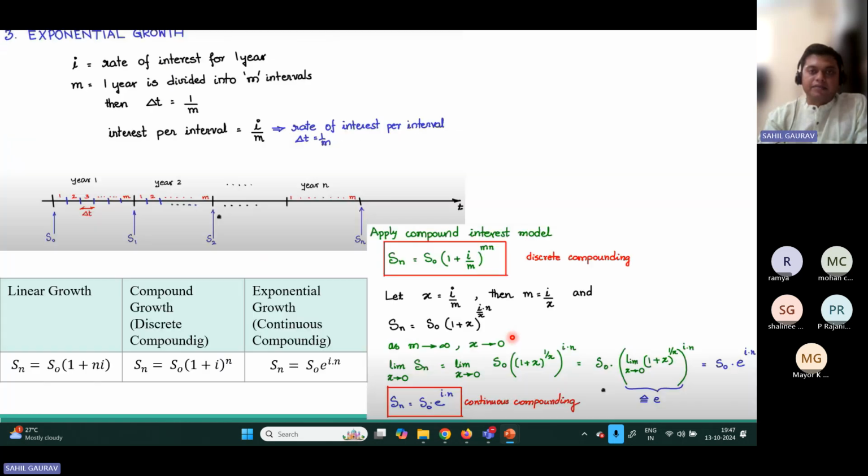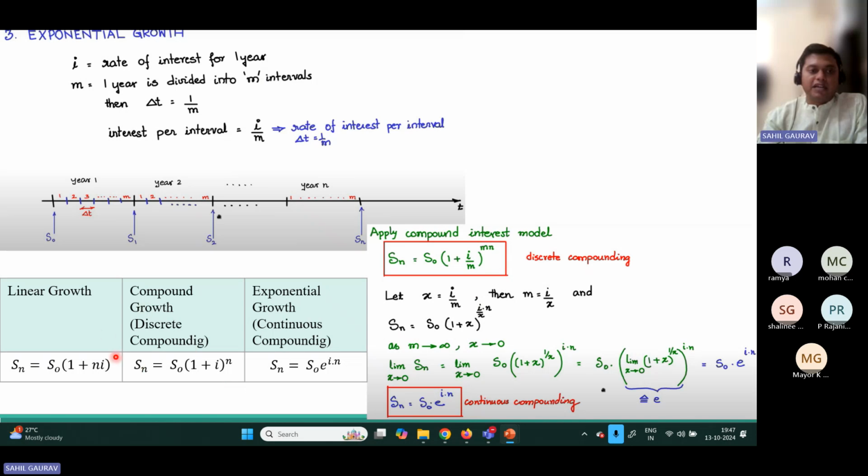And then we have exponential growth. In exponential growth, 1 year is divided into m intervals, and if m increases to infinity, then the expression becomes Sn is equal to S0 into e to the power In.